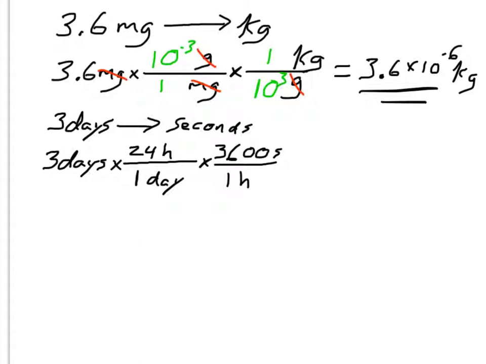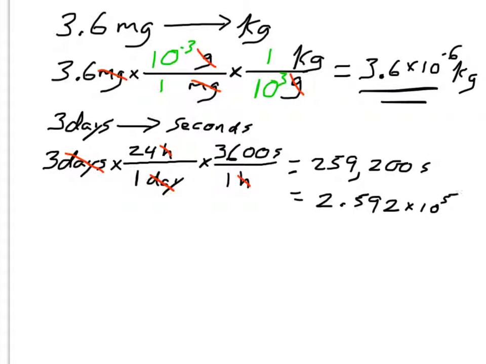So now you can cancel days and hours. And when you do the math, 3 times 24 times 3,600 equals 259,200 seconds, or 2.592 times 10 to the 5 seconds. Either one is fine with me.